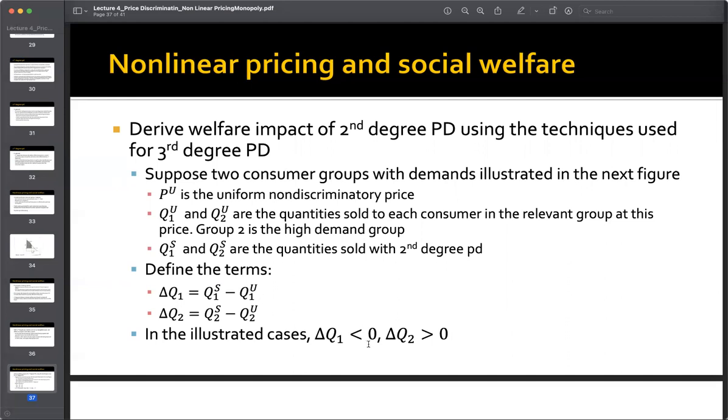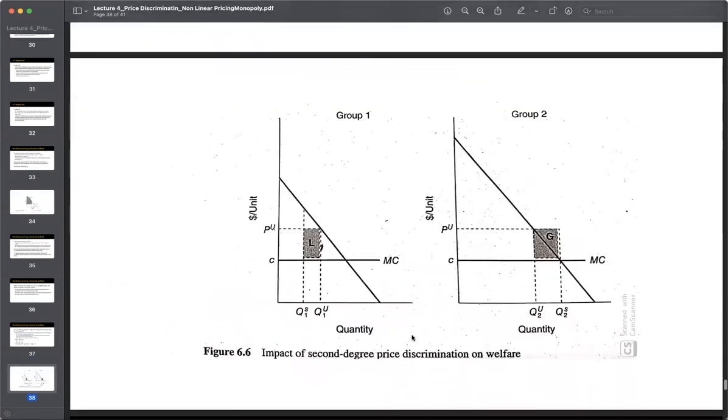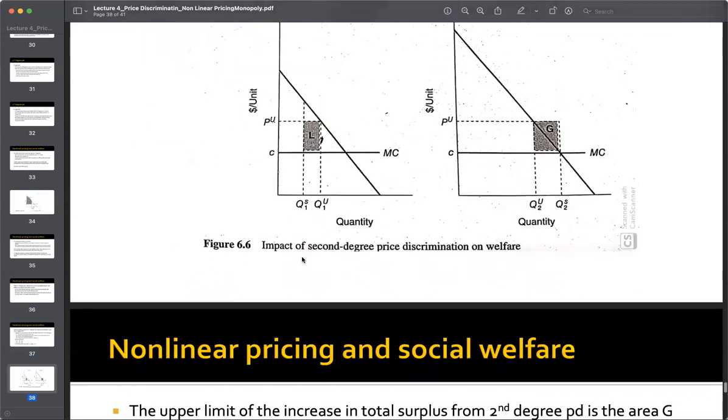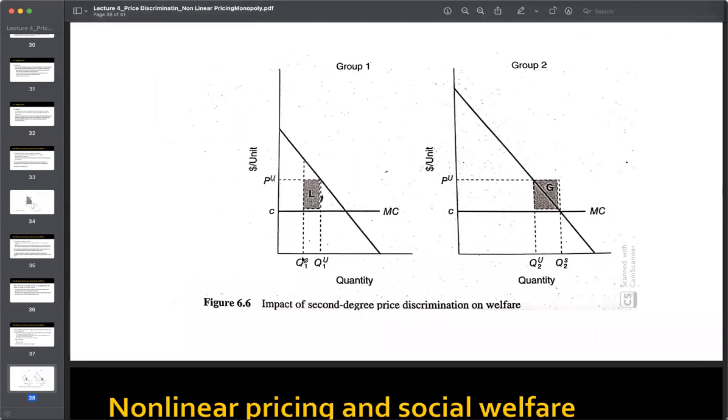And then the low demand types have less quantity under discrimination, and the high demand types have more quantity. And here's a picture of the gain and the loss, right? Which is exactly the same as the one under third degree.